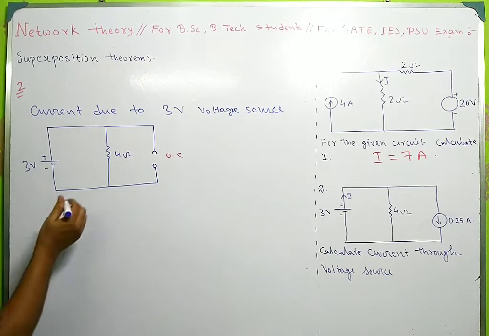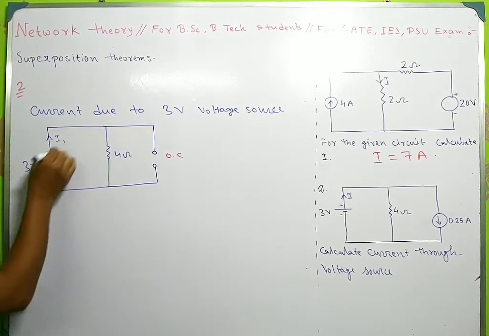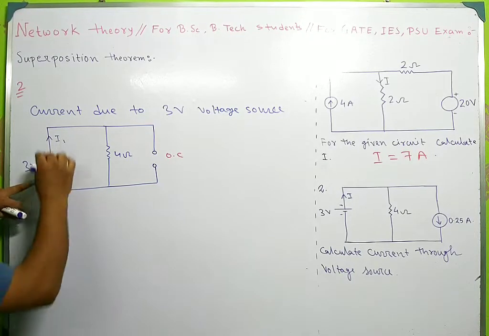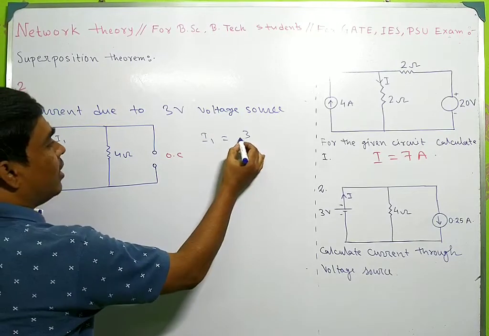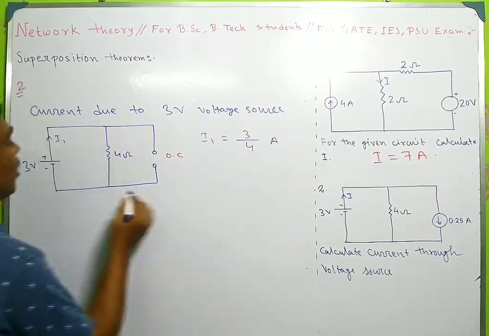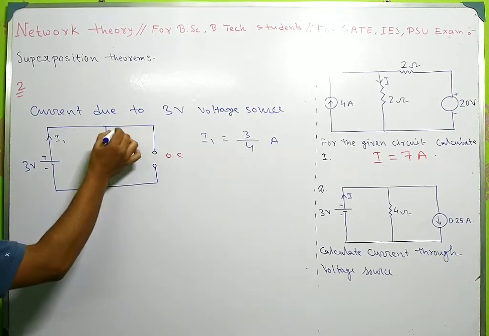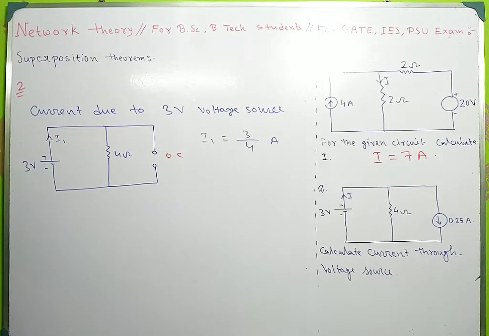because a current source contains infinite internal resistance. So here the current, suppose this is I1, so I1 will be 3 divided by 4 ampere, because there will be no current passing through this branch, all current will pass through this 4 ohm resistance.